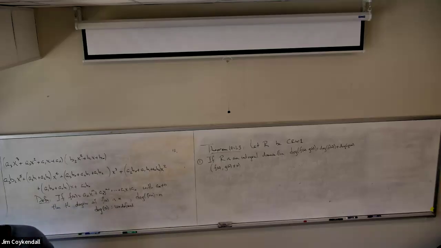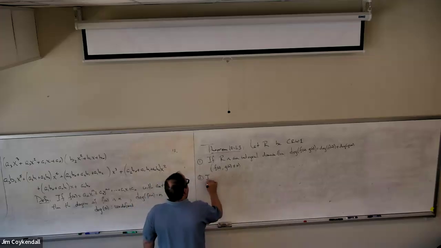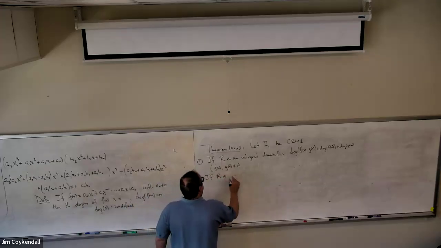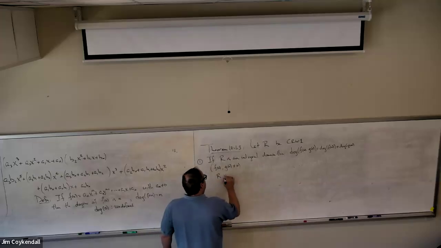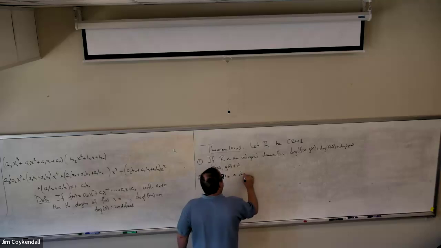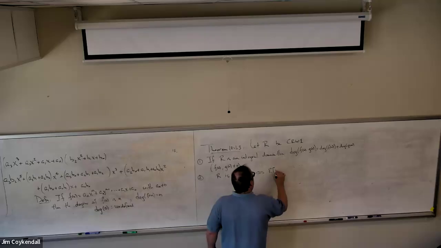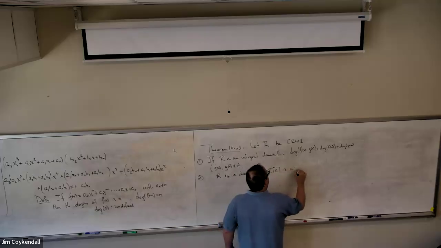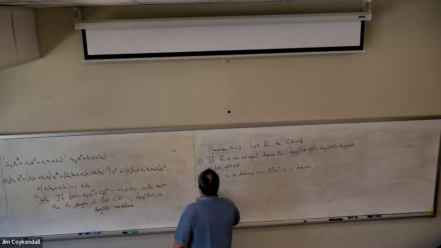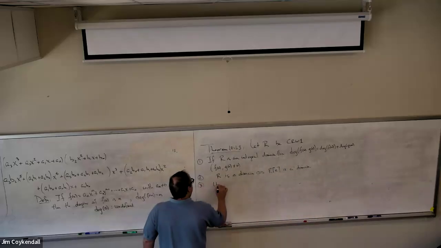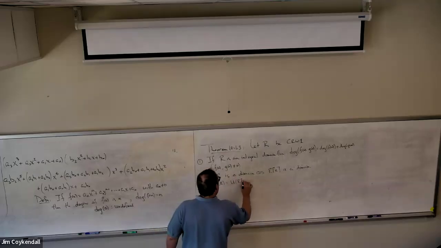Number two, R is a domain if and only if its polynomial ring Rx is a domain. Number three, the units of R are precisely the units of Rx.